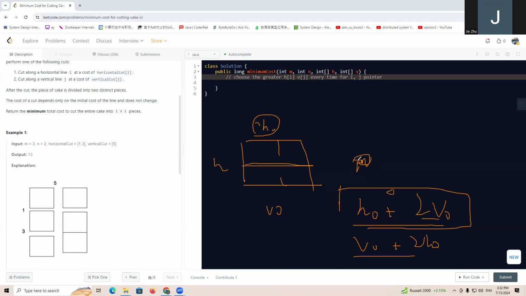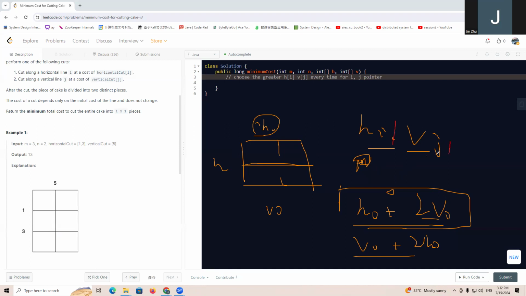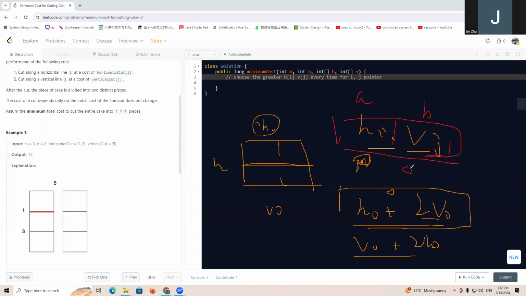So if we already have a cut, for example horizontal i and a vertical j, right? And we assume that after the horizontal i cut and the vertical j cut, we have A horizontal parts and B vertical parts. Now assume that for this scenario it is still correct that from 0 to i, if horizontal is higher, we cut horizontal first, and if vertical is higher, then cut vertical.